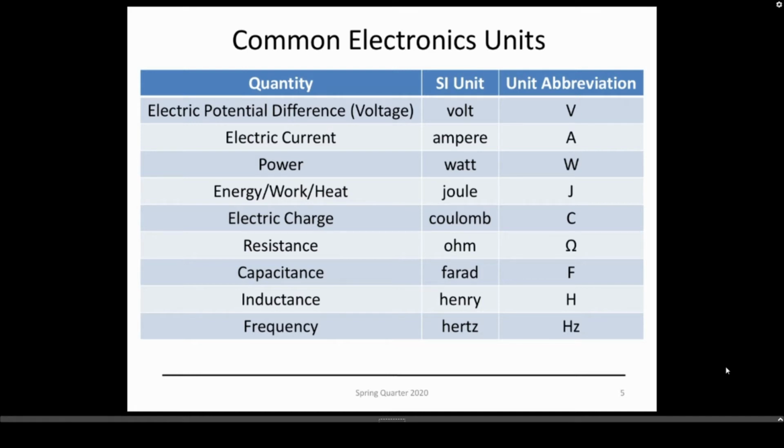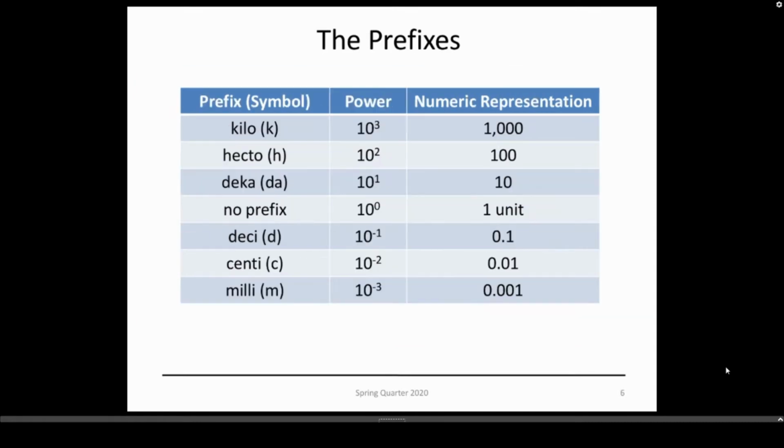And sometimes these units get very big or very small, and we don't want to carry those zeros or decimal places around. So we're going to use something called the prefixes. When we want to condense the amount of zeros, for example, here I have the number 1000, and I can put these 3 zeros over the power of 3, so 10 to the power of 3.